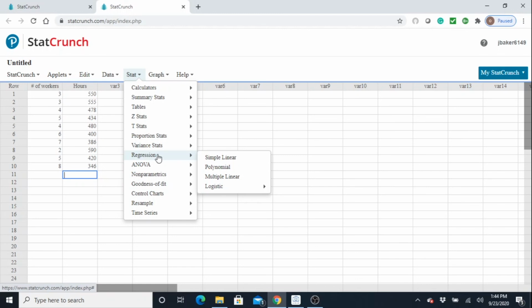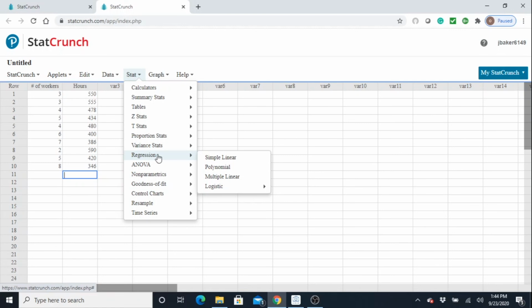Now, again, technically when it comes to correlation, it doesn't matter which one's the x variable or the explanatory, and which one's the y variable or the response. But because it will matter for things later, I am going to make sure that I get the correct one. So number of workers and hours. Okay? And then I don't have to fill anything else right here for this part.